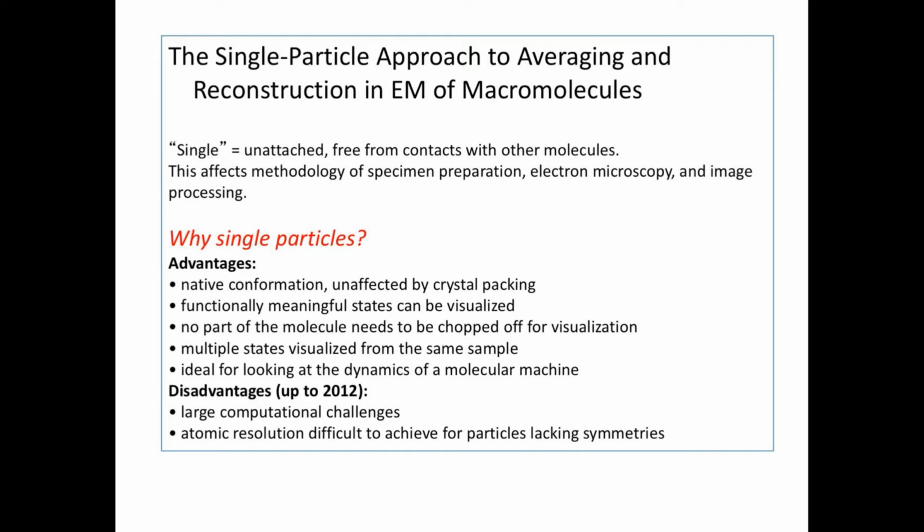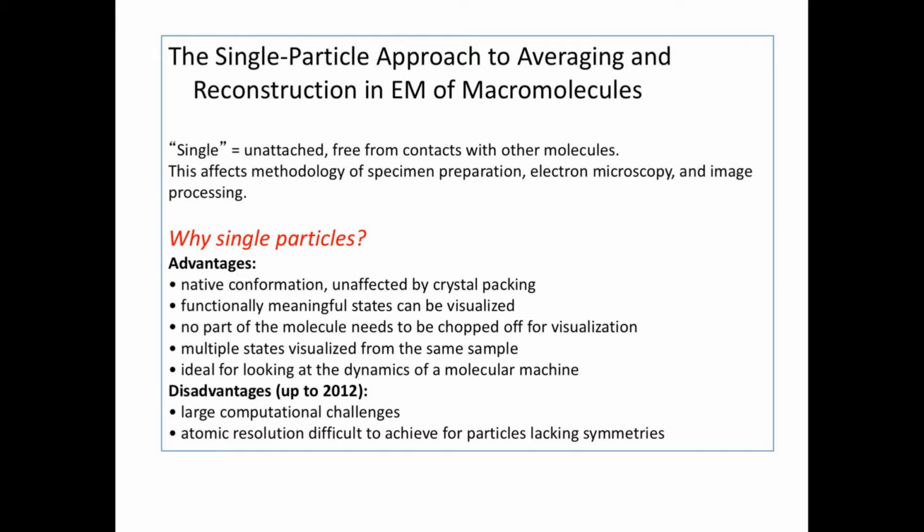So this is ideal for looking at the dynamics of a molecular machine. The molecular machine that my group has been looking at for a very long time is the ribosome, and that has an entire work cycle that it goes through, and we very often now are able to look at multiple states in this work cycle.